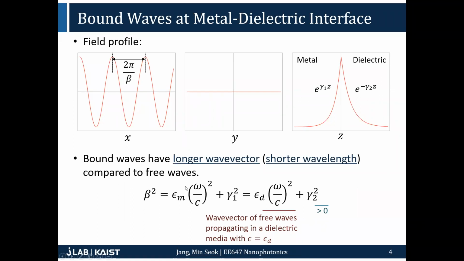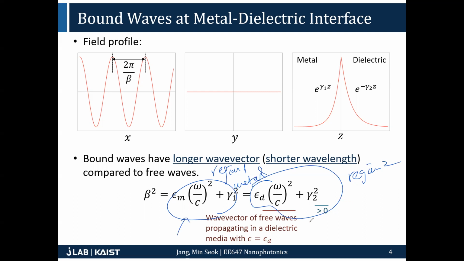So if I rearrange this term, then beta squared is equal to epsilon times this thing plus gamma 1 squared. And this is for region 1, where there is a metal. And then in region 2, where there is a dielectric.